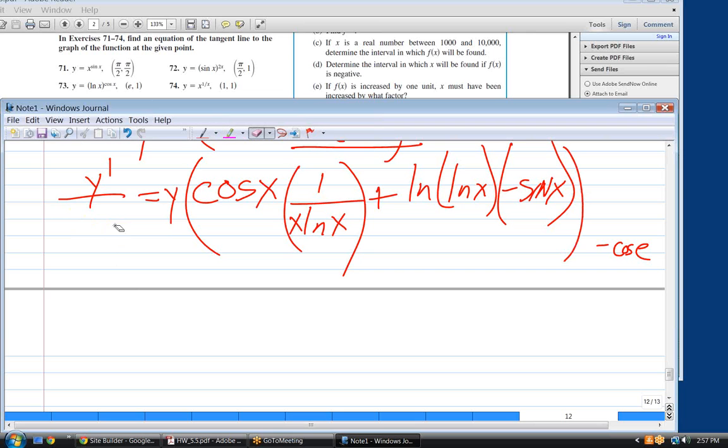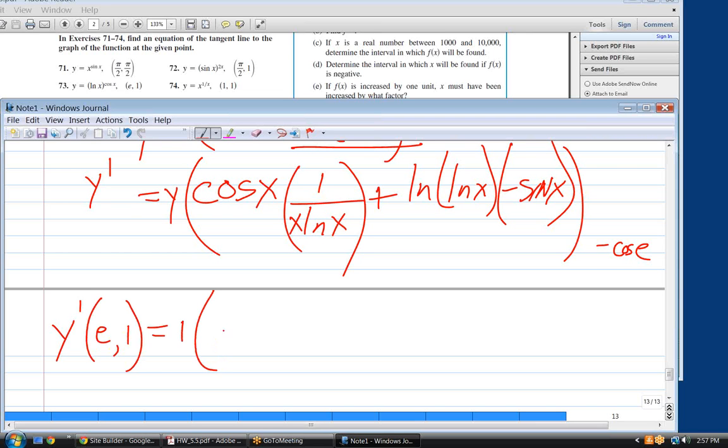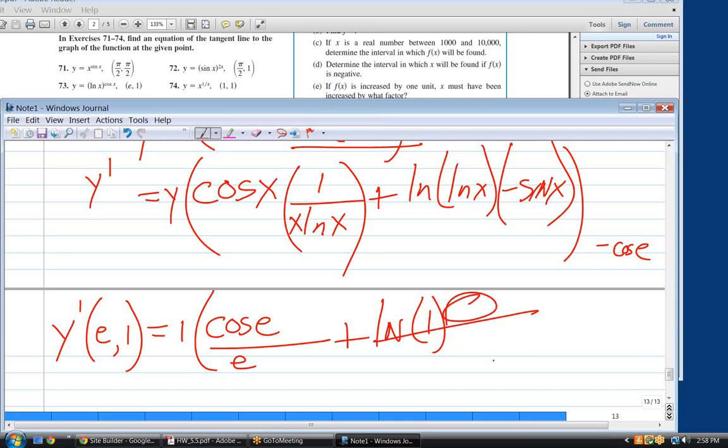So now I can come up with the slope. So y prime evaluated at e comma 1 is equal to 1 times cosine of e over e times 1 plus natural log of e, which is 1, times whatever that is. It doesn't matter what that is because that's all going to 0.